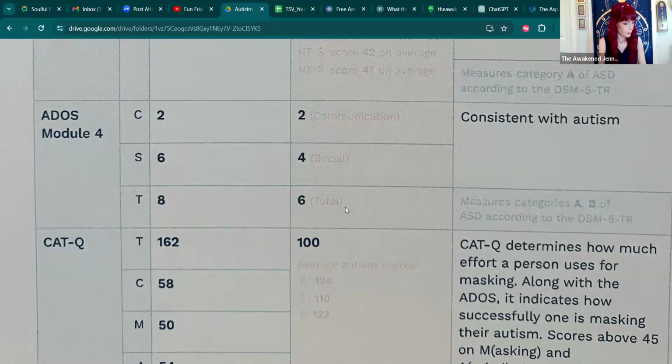So I think this is what she wrote in regard to that. For the communication, like other autistics, Jennifer was loquacious and friendly during the discussion, providing extensive and detailed answers when questioned.